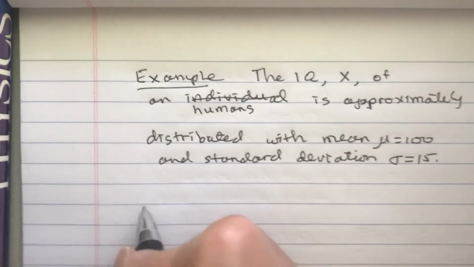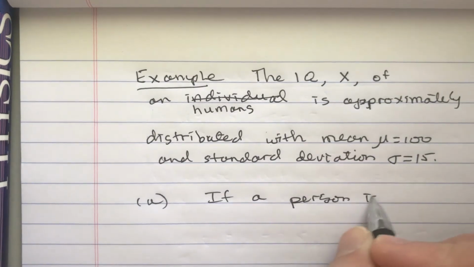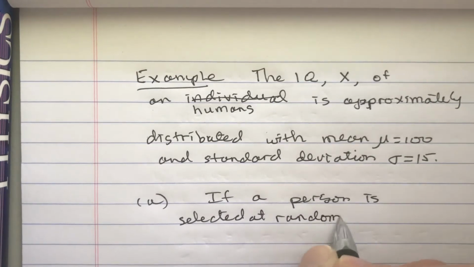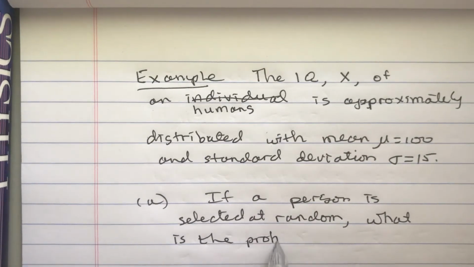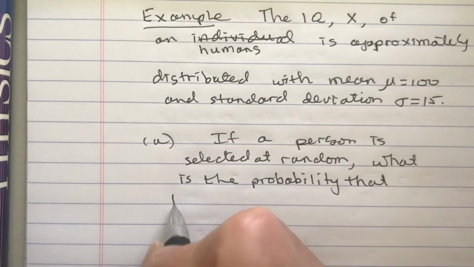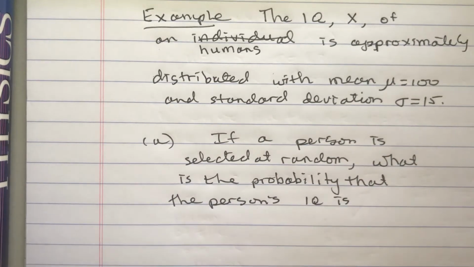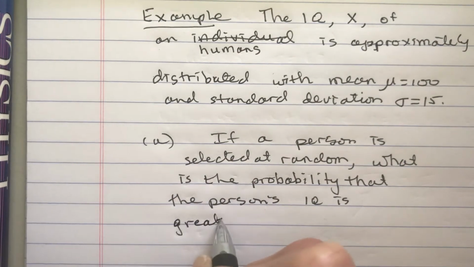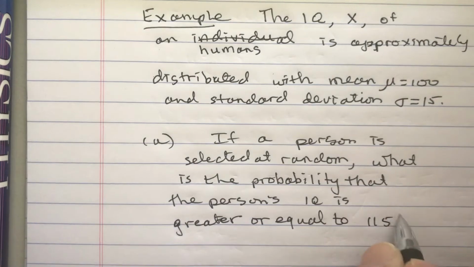Okay, so let's start off with A. If a person is selected at random, what is the probability that the person's IQ is greater or equal to 115?